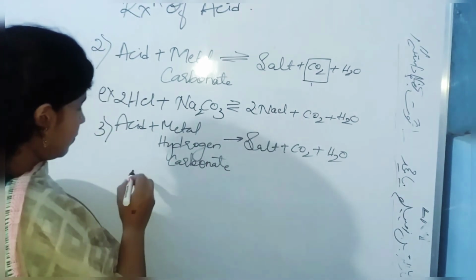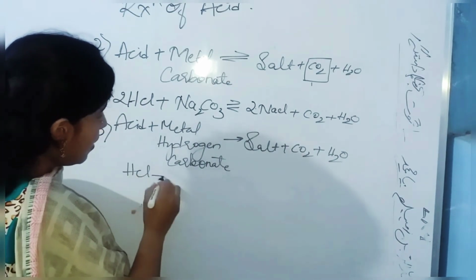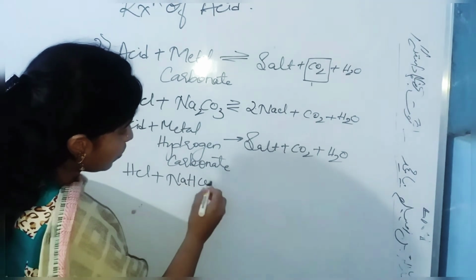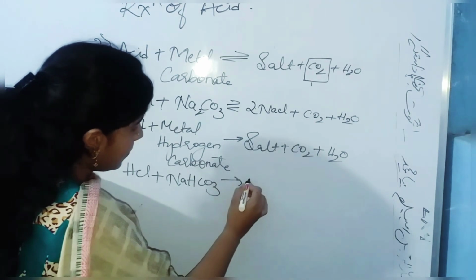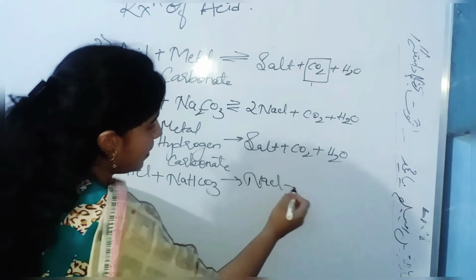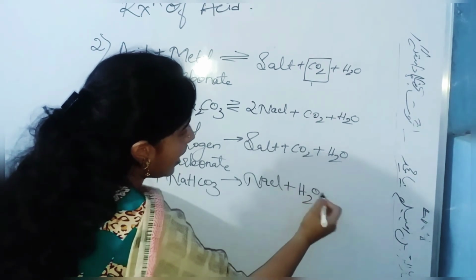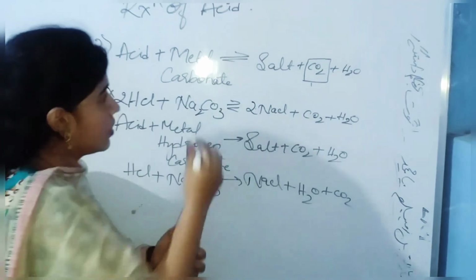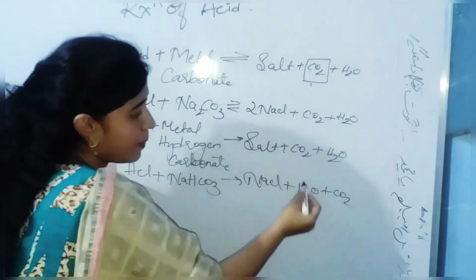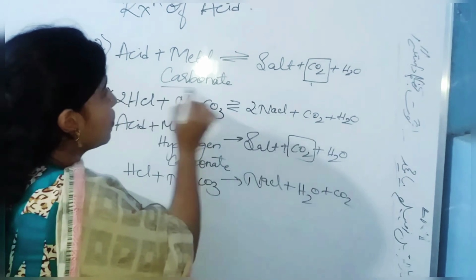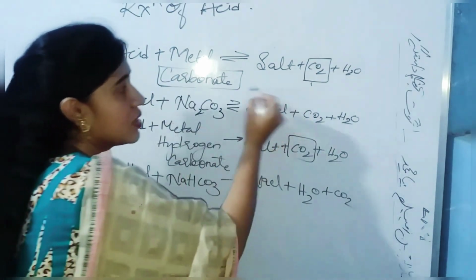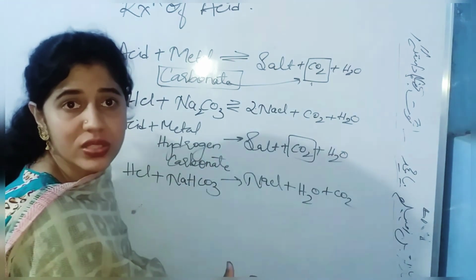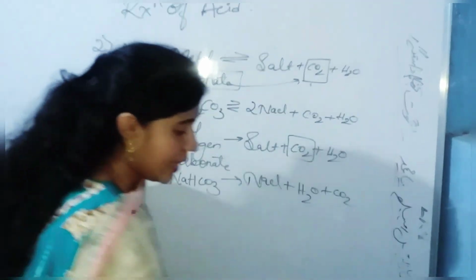In this case we take HCl plus sodium hydrogen carbonate, NaHCO3, which forms NaCl plus H2O and CO2. Fine, this is the reaction. In both cases, whenever we have a carbonate, remember that the product is going to release carbon dioxide.